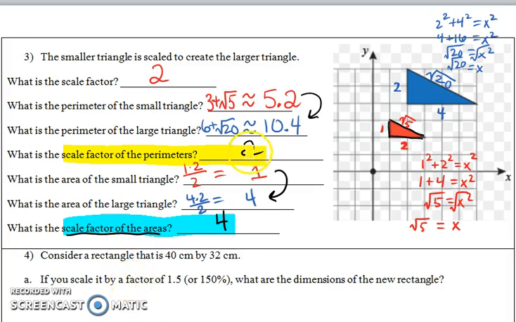So we're actually taking the scale factor and squaring that scale factor. And when you square 2, you get 4. So perimeter was just in 1 dimension, so if the scale factor was 2, the perimeter is scaled by 2. But the area is in 2 dimensions. It's units squared. So you actually have to take the scale factor and square it, and that gives you the scale factor for the areas.